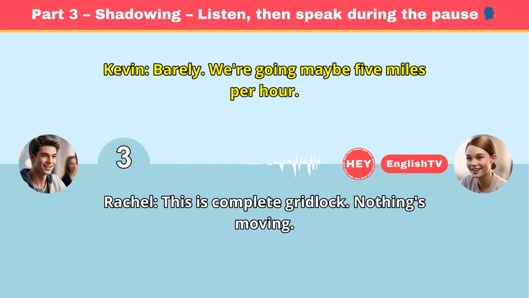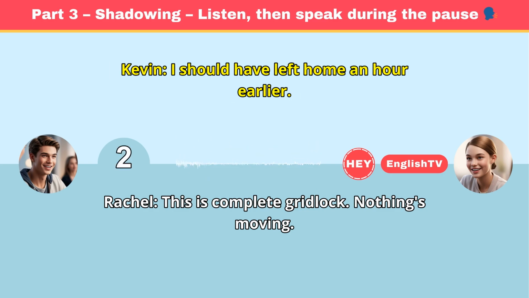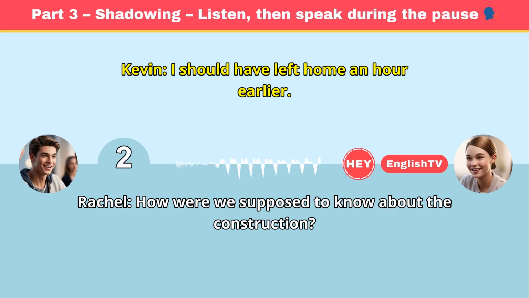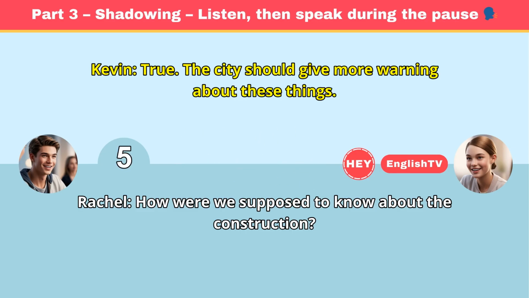This is complete gridlock. Nothing's moving. I should have left home an hour earlier. How are we supposed to know about the construction? True. The city should give more warning about these things.